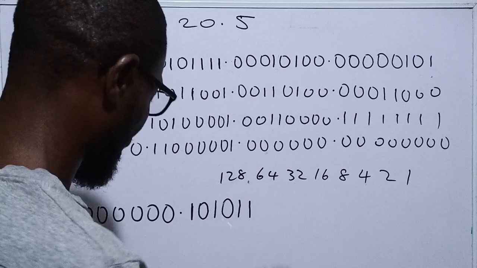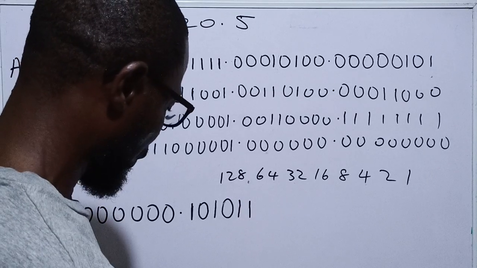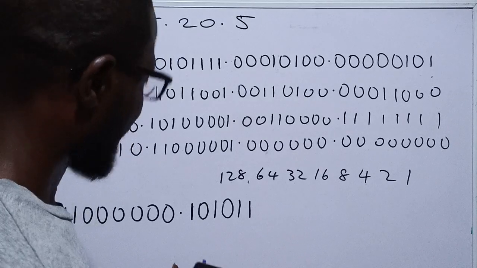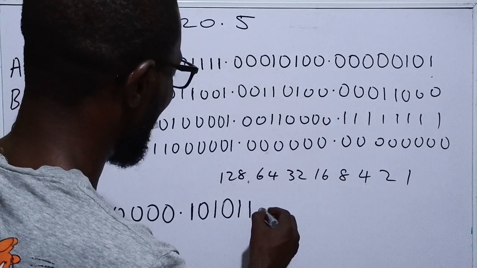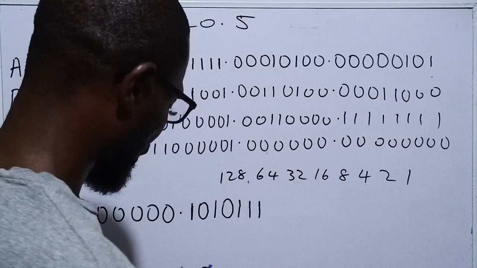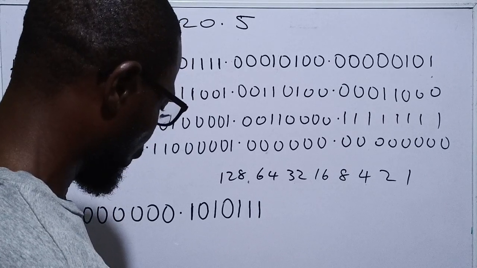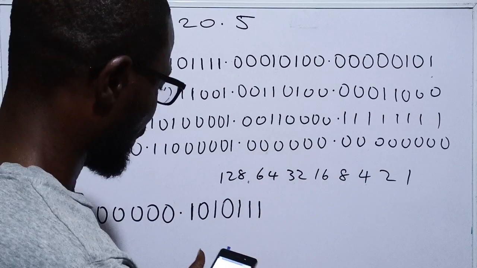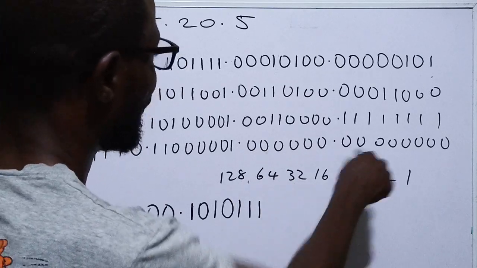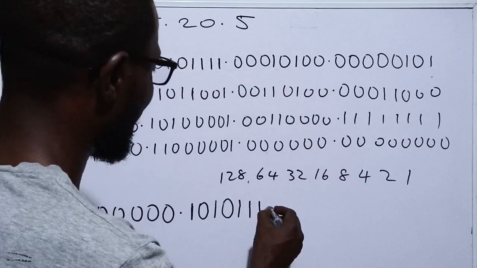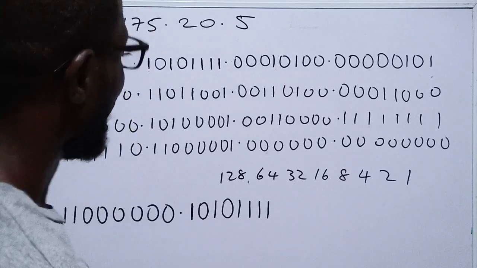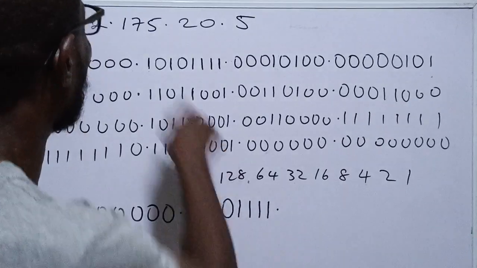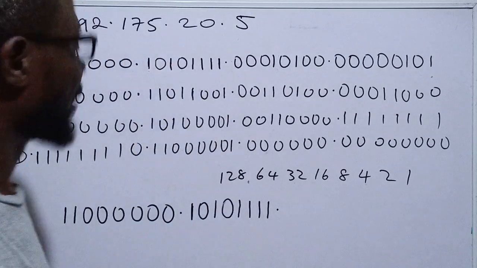Yes, 7 minus 4 is 3. Can 3 subtract 2? Yes, 3 minus 2 is 1. Can 1 minus 1? Yes, 1 minus 1 is 0. So here you put a dot, which means this is the binary representation of 175.